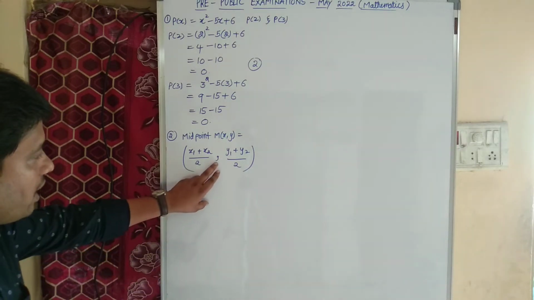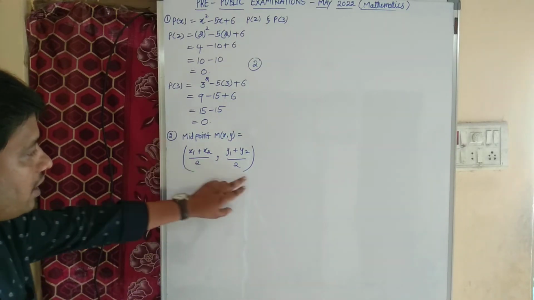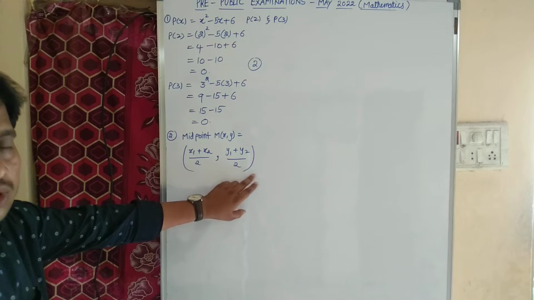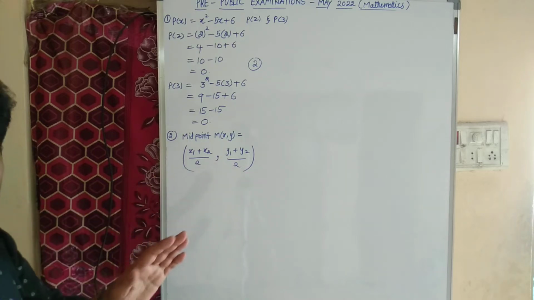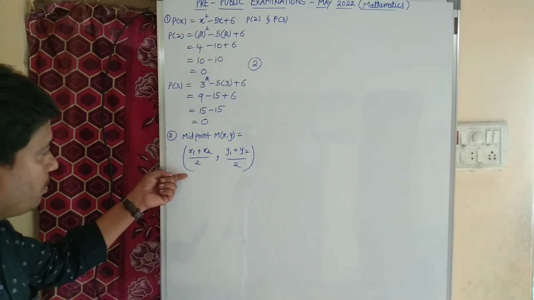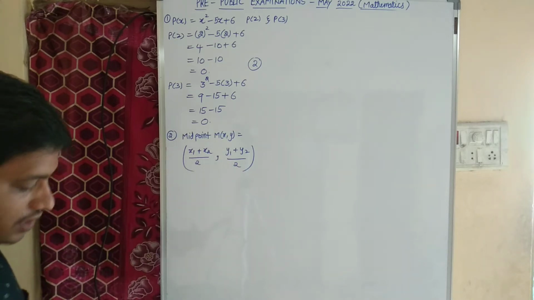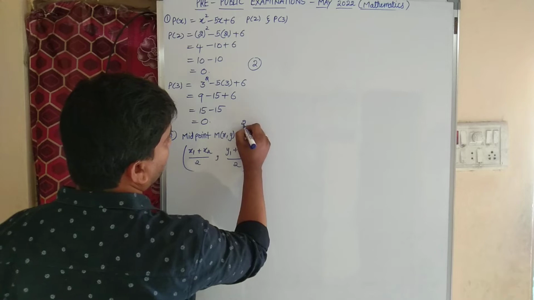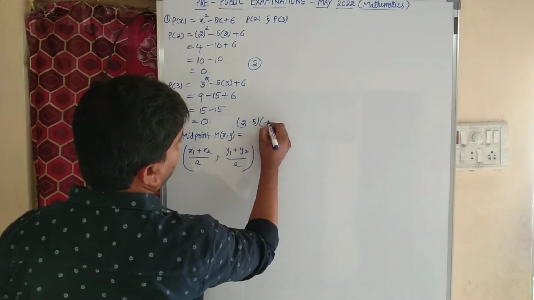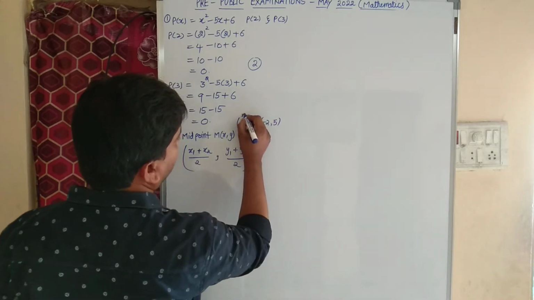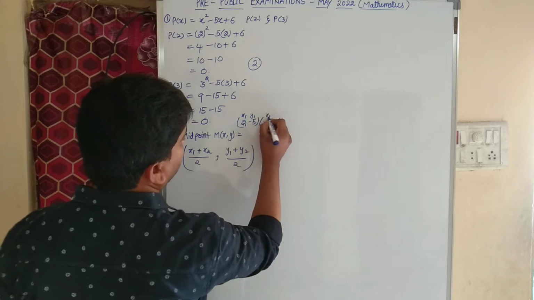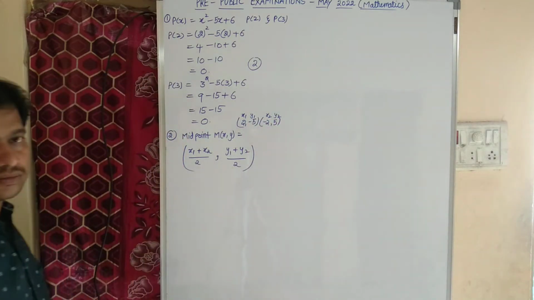In between we have a comma, children. We need to open the bracket and close the bracket. So some syntax you have to follow. Bracket has to be opened and closed. In between we need to put a comma. Given the line segment joining points are (2, -5) and (-2, 5). So this is our x1, y1 and this is our x2, y2.